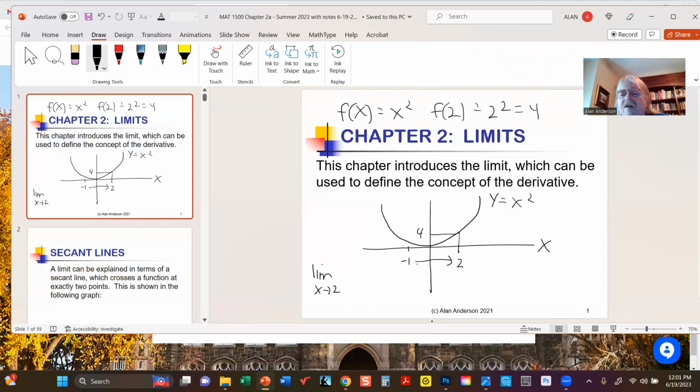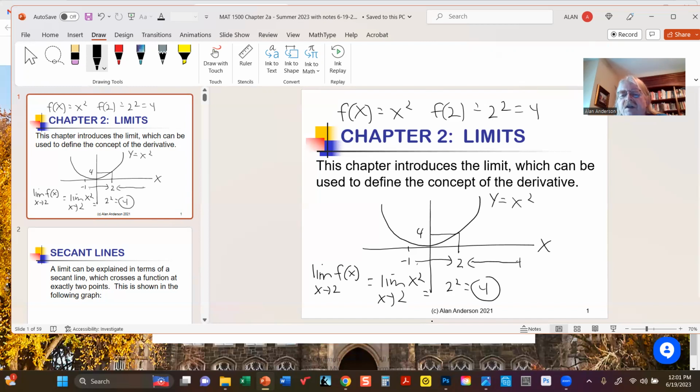What value are we approaching on this curve or parabola in this case? So we would say that the limit of x squared as x approaches 2 is equal to 2 squared, which is 4.